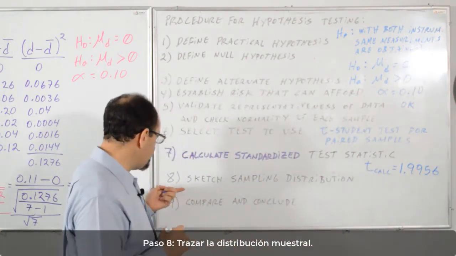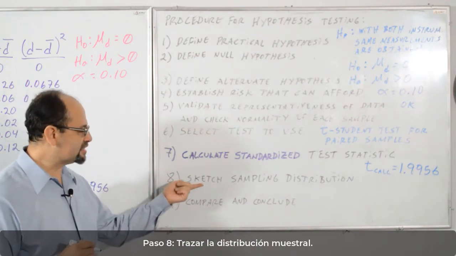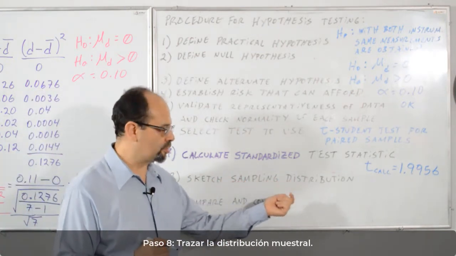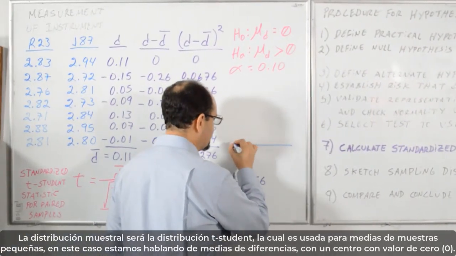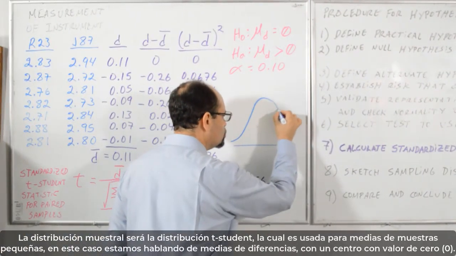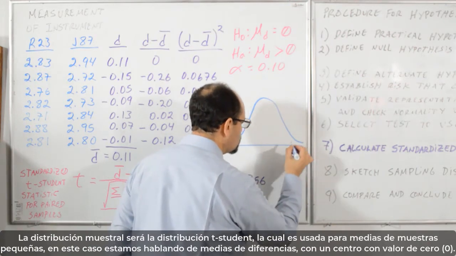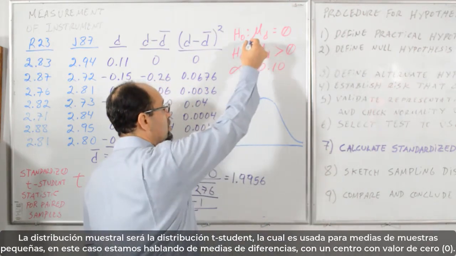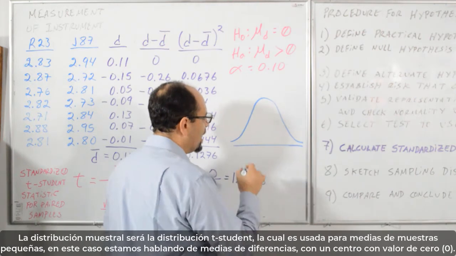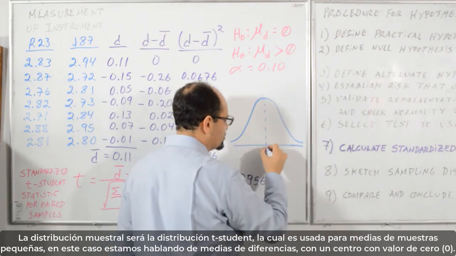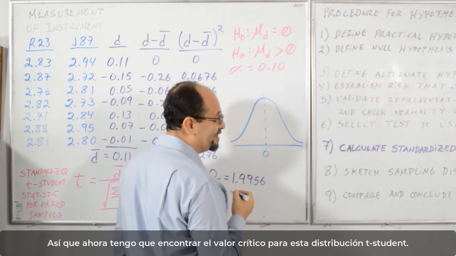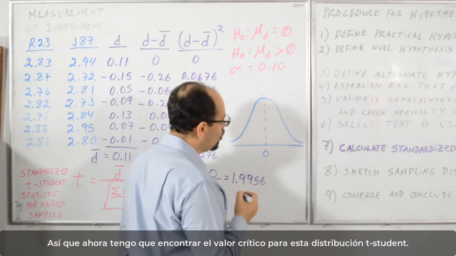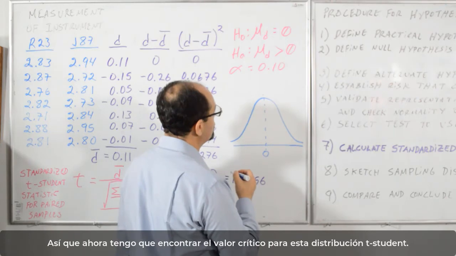The next step, step number 8, is to sketch the sampling distribution. The sampling distribution will be the T-student distribution, which is used for means with small samples. In this case, we are talking about means for differences. The center will be 0. And now I need to find the critical value for this T-student distribution.